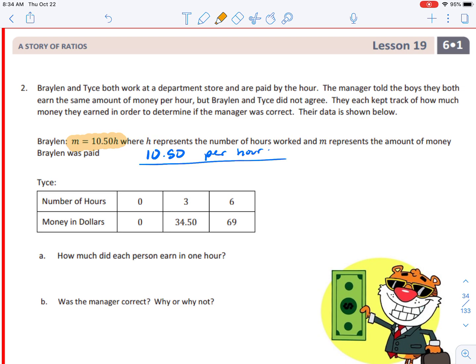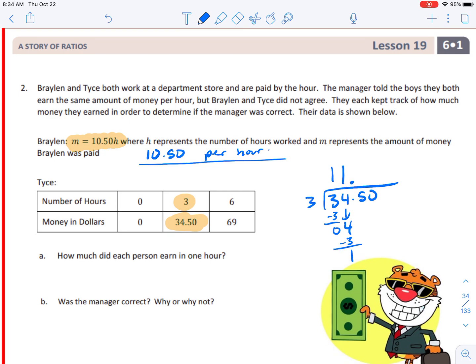Well, on his table, in 3 hours, he's making $34.50. So we have to divide $34.50 by 3. Okay, 3 goes into itself once. We take away 3 from itself, and we bring down the 4. 3 goes into 4 once. Okay, we take 3 away from 4 and we get 1.